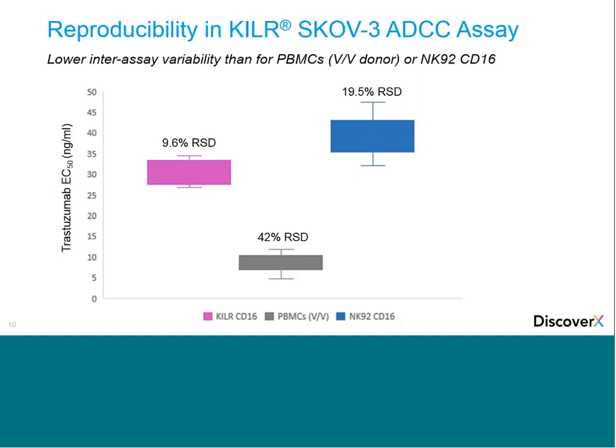It's slightly better inter-assay values for the NK92 CD16 of less than 20%, but the tightest data is obtained with the KILR CD16 cells with a percent RSD of 9.6%.